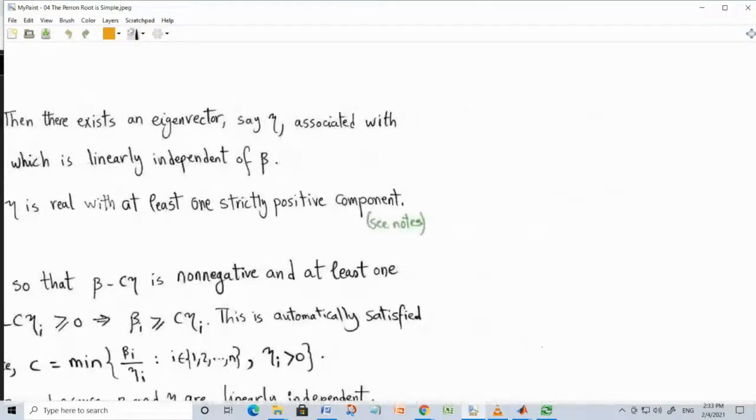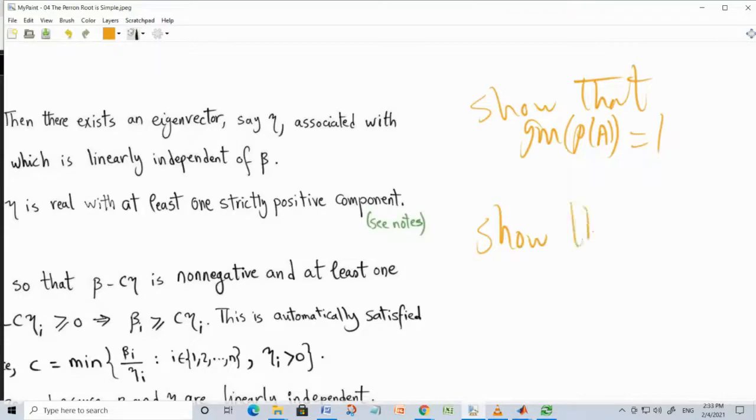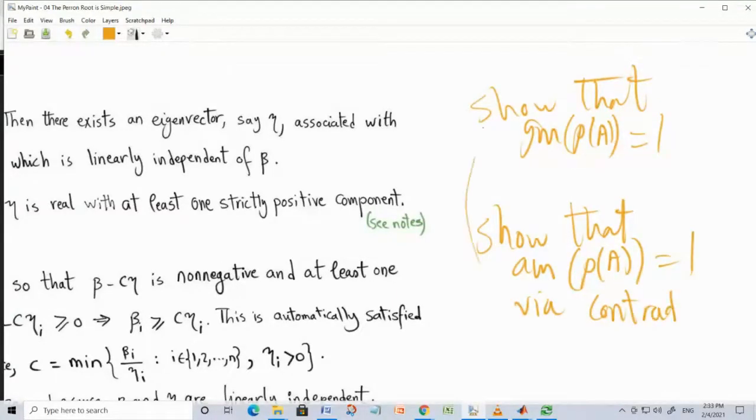So the outline here is: show that the geometric multiplicity of rho of A is equal to 1, then show that the algebraic multiplicity of rho of A is 1 via contradiction. And what we will contradict is this fact here.